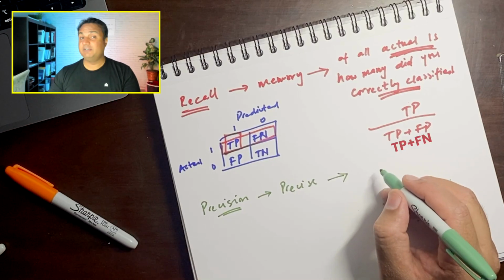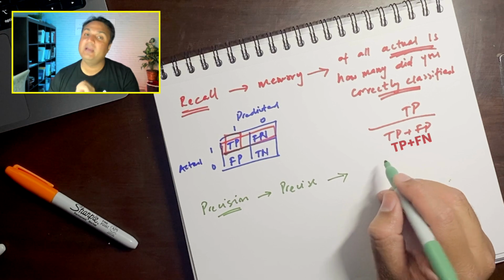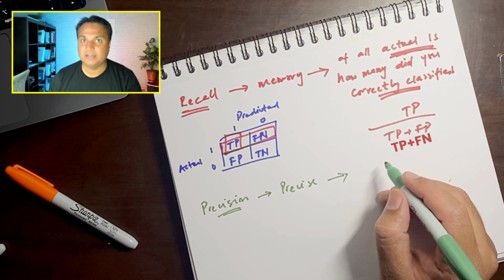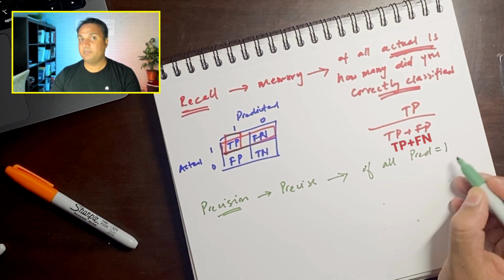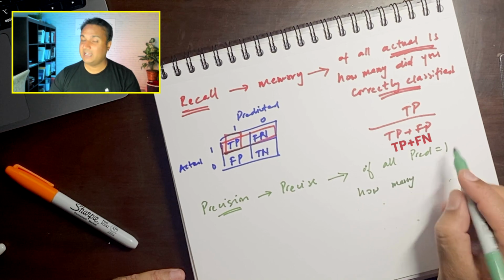Now, the word precision comes from precise, right? Which means that whatever you're telling, how correct or good that information is. So the intuitive definition of precision is: of all the examples where you have predicted one, how many were actually ones?